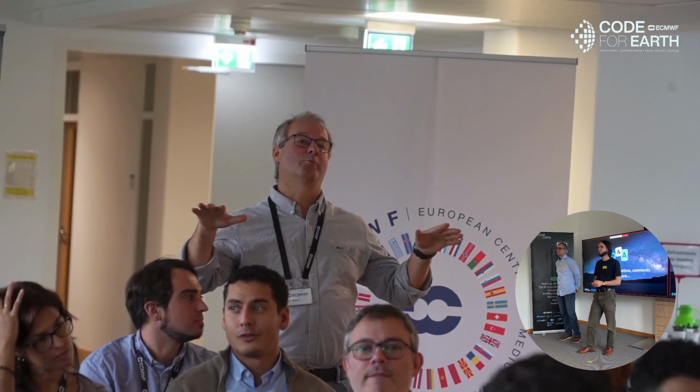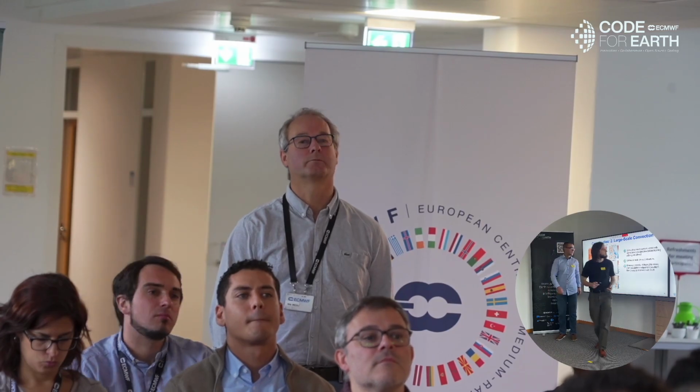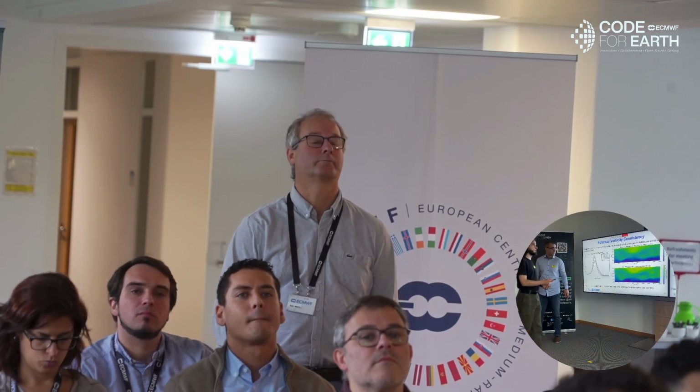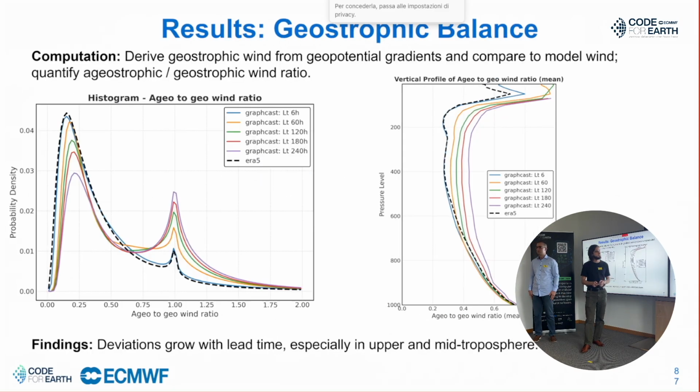Like, did you do temporal and spatial averaging over large scales? Yeah, so the idea was to evaluate this compared to the reference dataset ERA5, and we said this dataset is physically consistent. So everything that is different from ERA5 is inconsistent. And if the errors are actually increasing, that may suggest that the consistency is breaking.